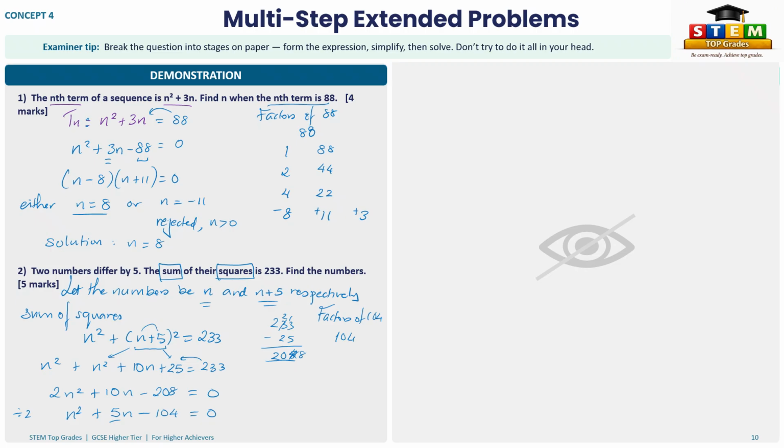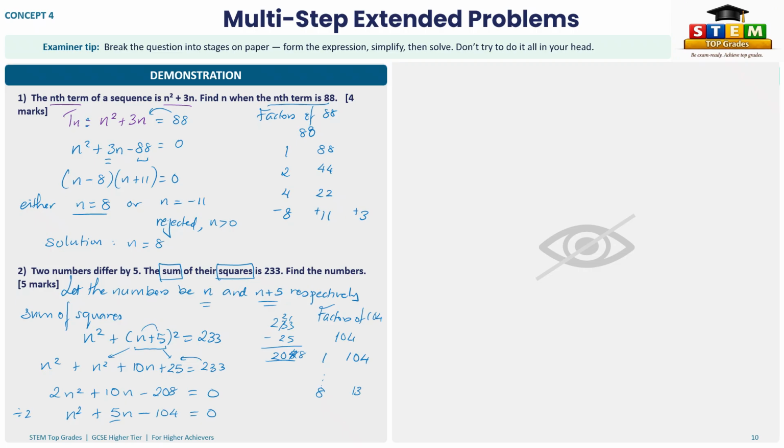So 104. If you keep going from 1 and 104, you keep going down, you will come to a point where you're going to get 8 and 13. It's quite a long way, I'm just trying to save some room here. So 8 and 13.